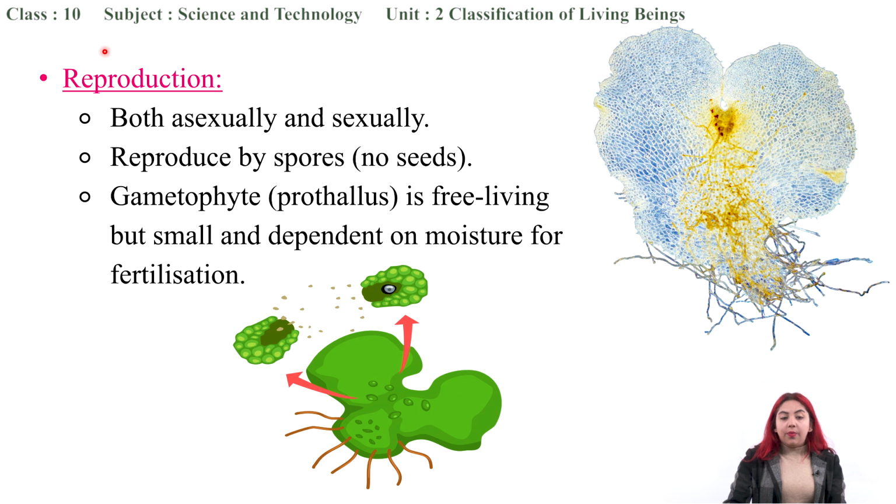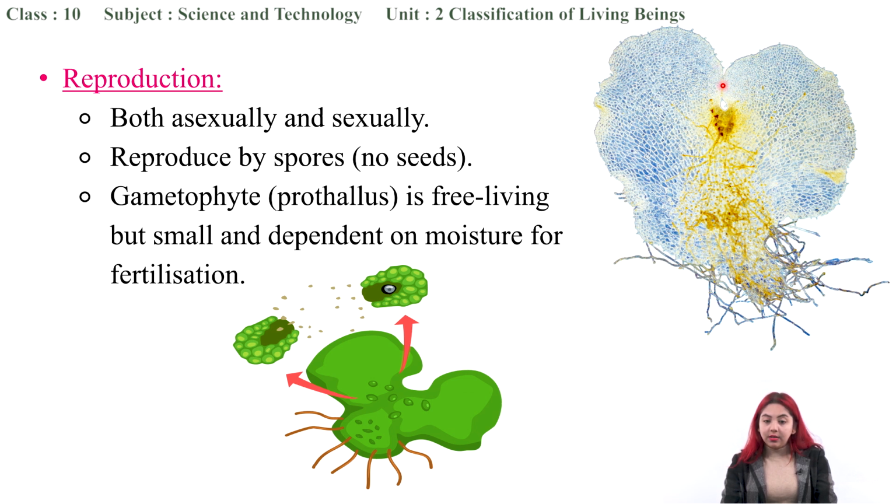Now let us talk about the reproductive characteristics of pteridophytes. Now the plants that belong to the subkingdom pteridophytes can reproduce both asexually as well as sexually. So they reproduce by spores, that is they do not need seed for reproduction, and they have gametophyte, that is prothallus.